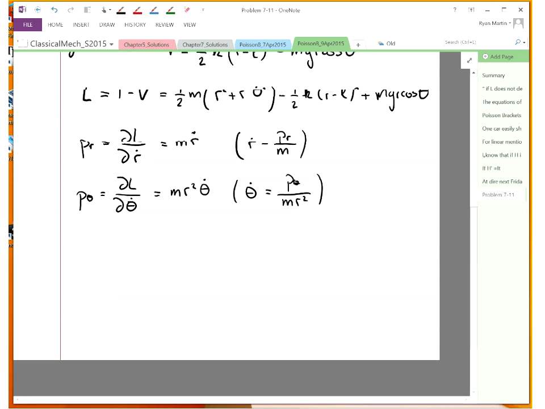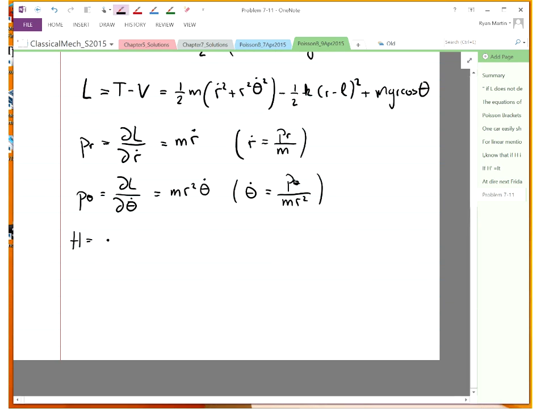So in principle now I should have everything I need to calculate the Hamiltonian. So the Hamiltonian H is given by the sum over the degrees of freedom, so there's going to be 2 degrees of freedom, of Pi Qi dot minus L. So the first one is R, so it's going to be PR times R dot, right?